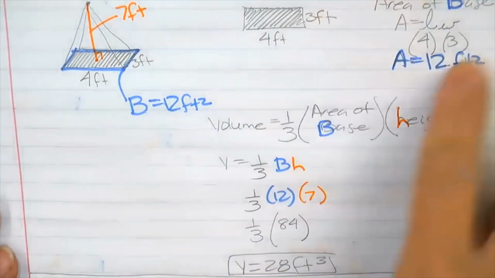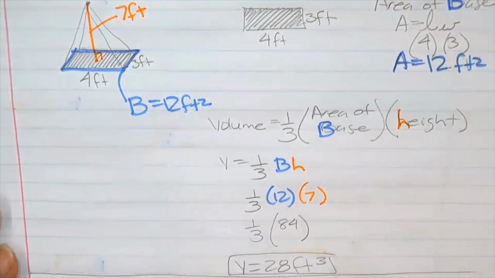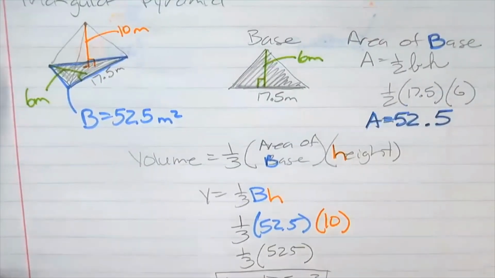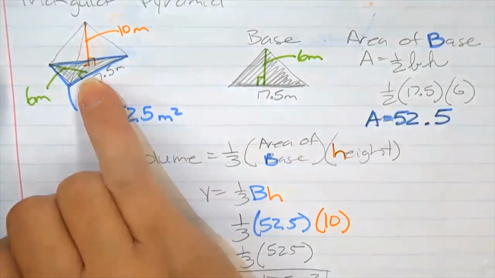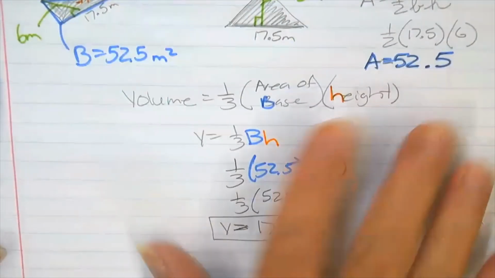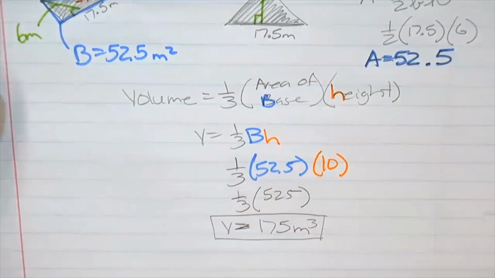We have to figure it out first before we substitute it in. And the same thing with a triangular pyramid. They have not given us the area of the base. We have to figure it out first before we substitute it in. Okay? So that is what we are doing today.